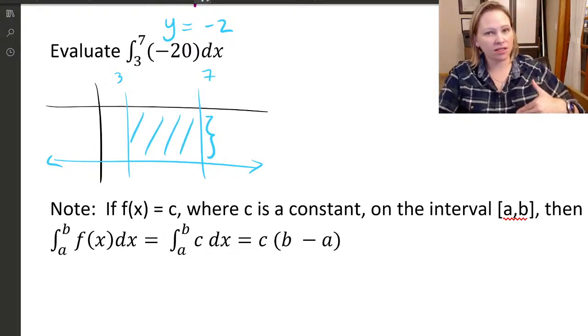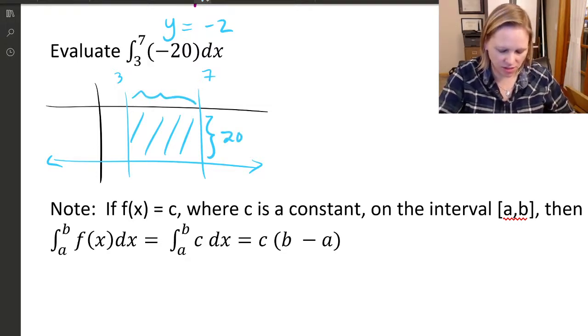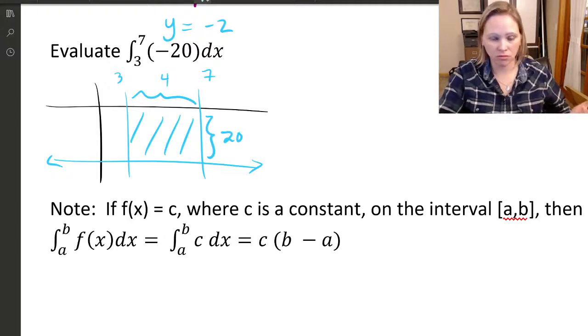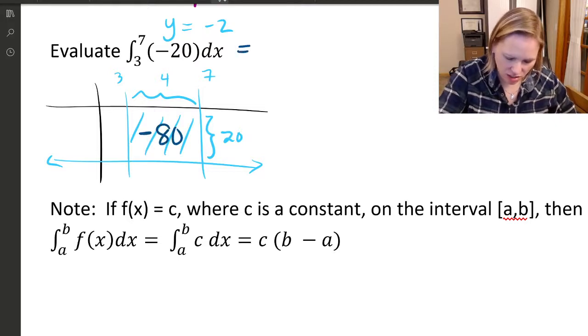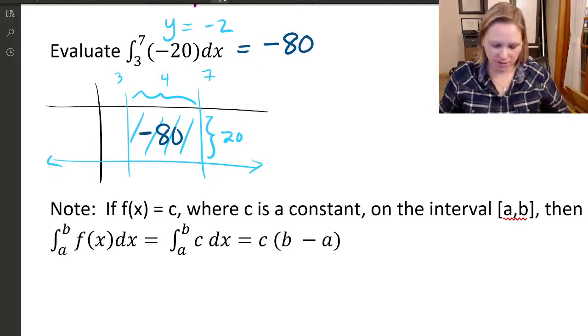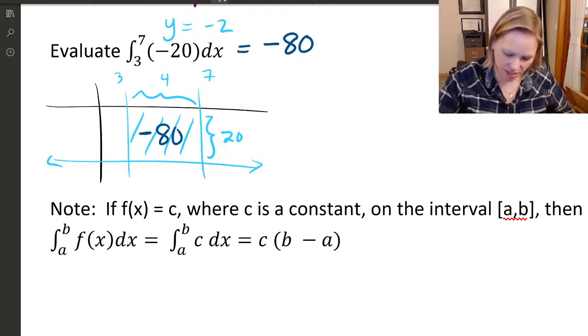But it's below the x-axis, so it's going to be negative. So one side is 20. This distance from 3 to 7 is 4, right? So 4 times 20 gives me an area of negative 80. So this integral evaluates to be negative 80. So again, the area under the axis is always negative.